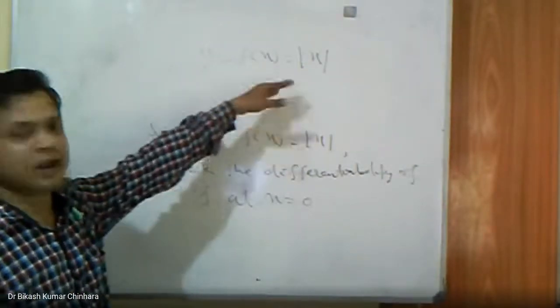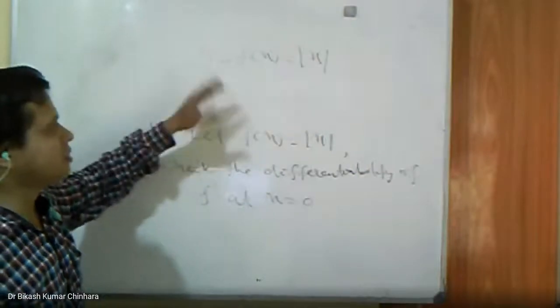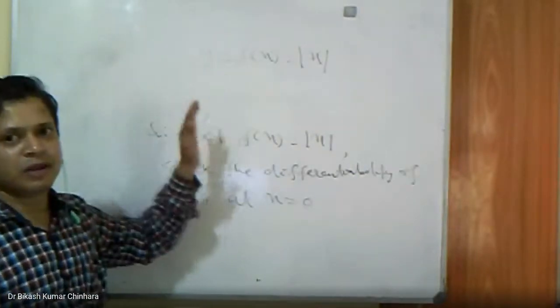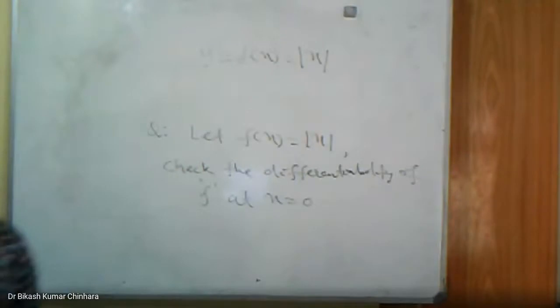You take negative x, you take positive x, and observe what type of graph you are getting. If you are having a pointed edge at 0, then you will say that it is not going to be differentiable at x is equal to 0.